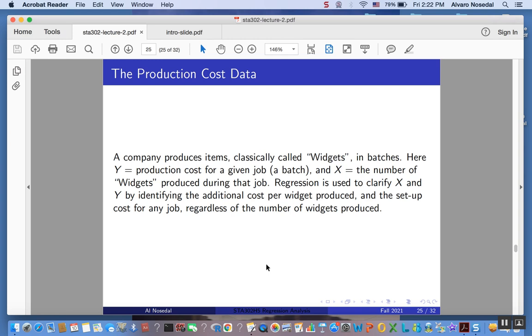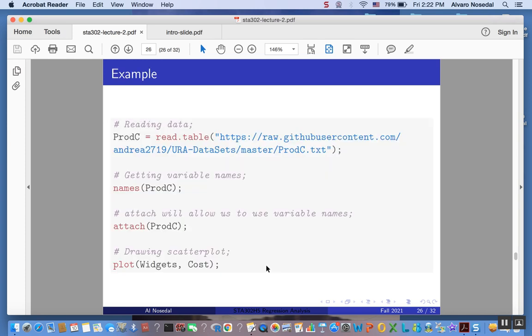Okay, so let's go to the next slide. Okay, slide number 26. Here what I have is an interesting data set that I came across.